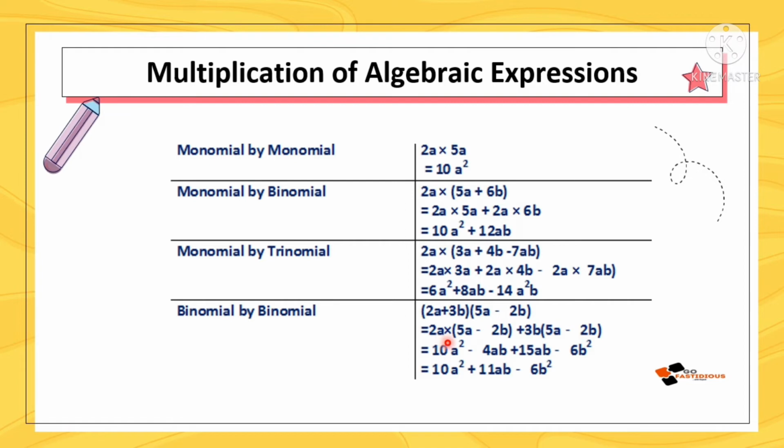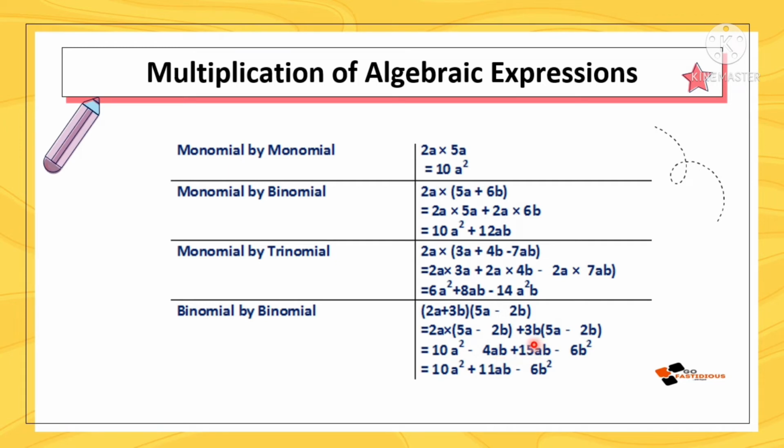So first 2a multiplied by 5a minus 2b, plus 3b multiplied by 5a minus 2b. Now again open the bracket. 2a multiplied by 5a, 2 into 5, 10, a into a, a square. Then 2a will multiply by minus 2b. So plus into minus is minus, 2 into 2, 4, a into b, ab.